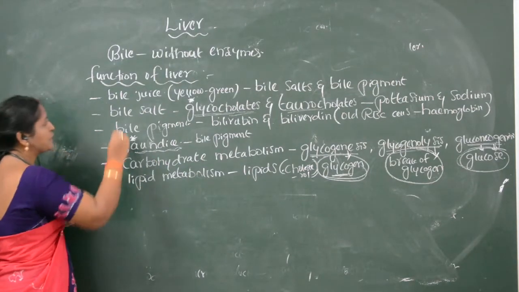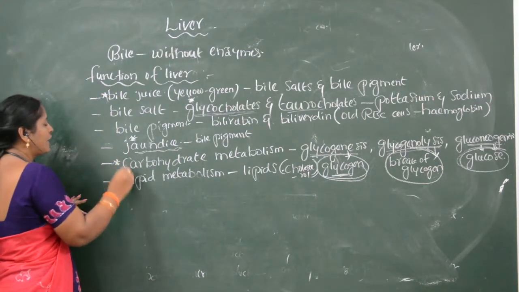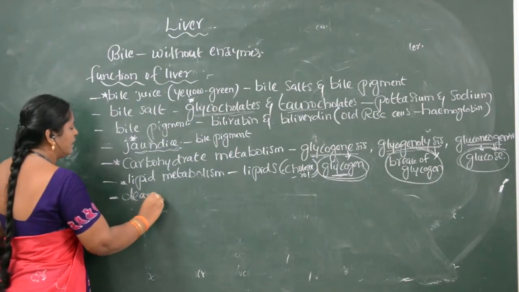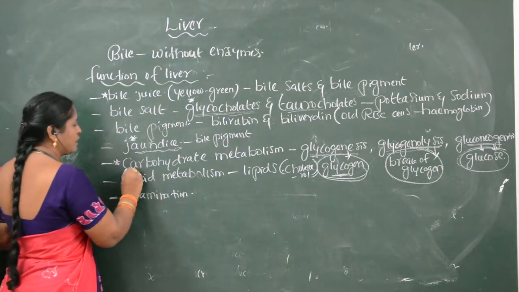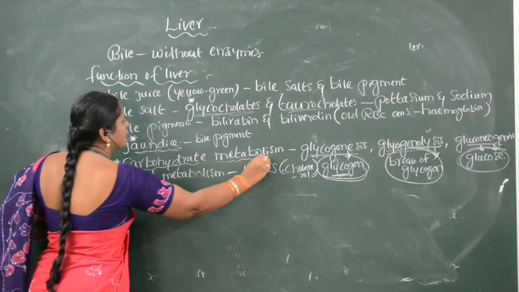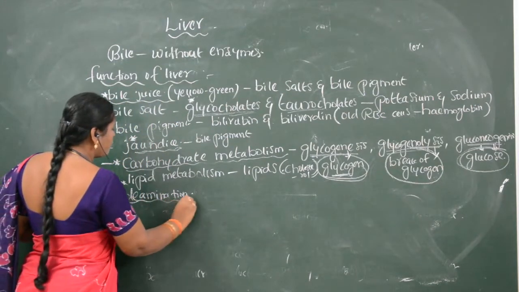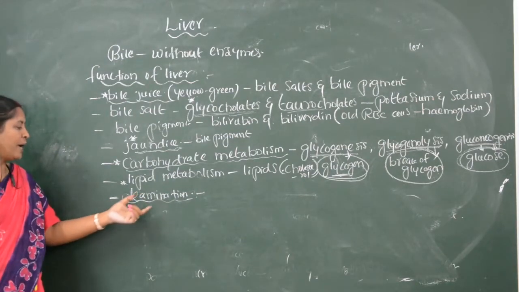So what is another function of the liver? Another function of the liver is deamination. So what is meant by deamination? Deamination is nothing but removing the amino group.